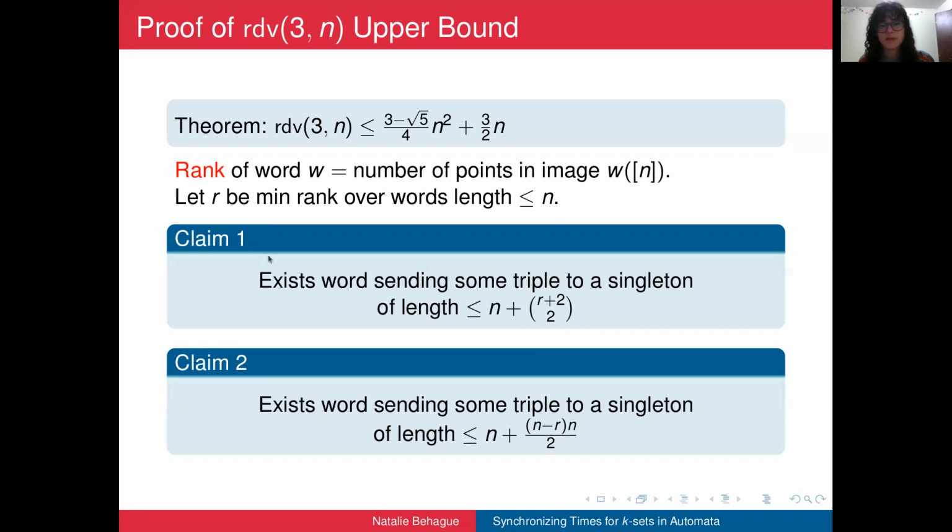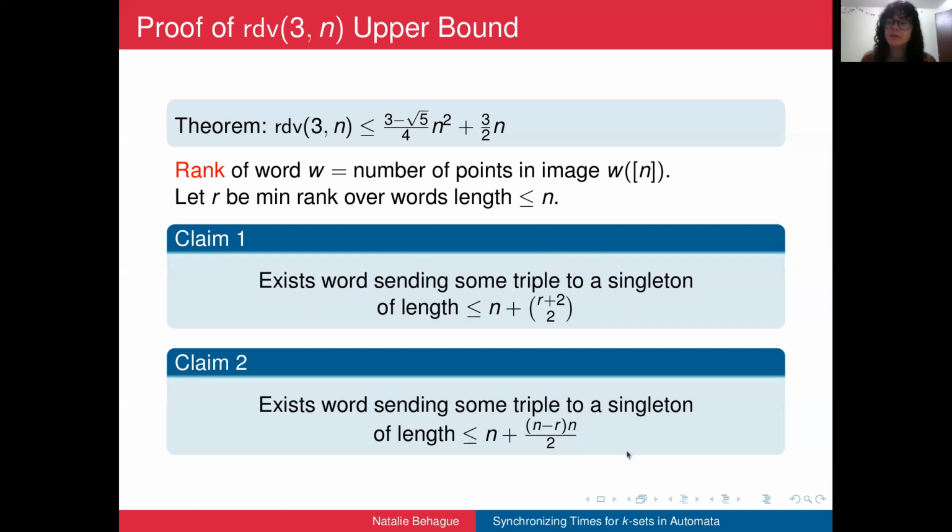So in the case that R is small, we can find this n plus r plus 2 choose 2 length word sending a triple to a singleton.